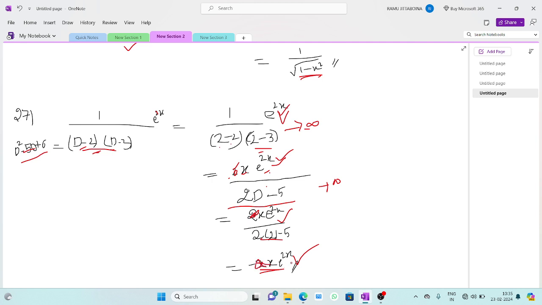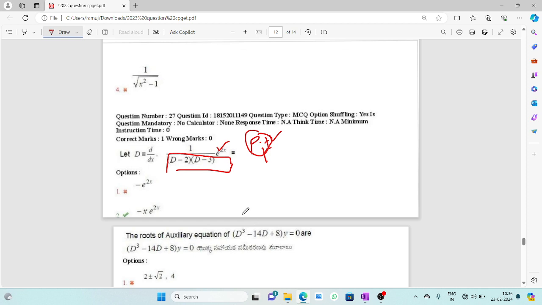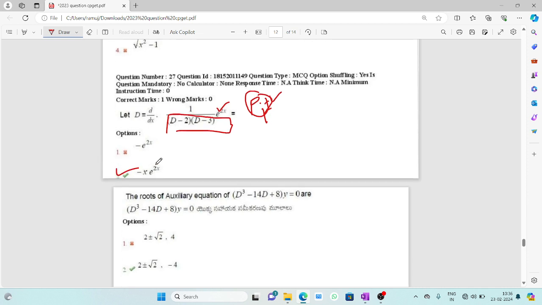We no need to differentiate e power 2x, so we don't get 2 in the numerator. You just multiply with x and differentiate the denominator. If you differentiate the numerator you will get 2, so I made a mistake there. So you will get minus x e power 2x. That is the correct one for these options, for question 27.